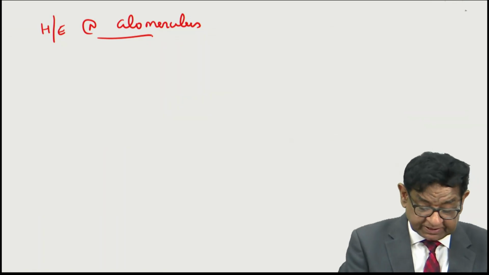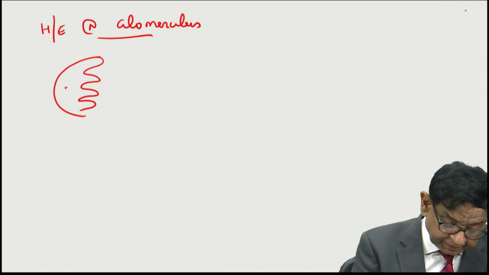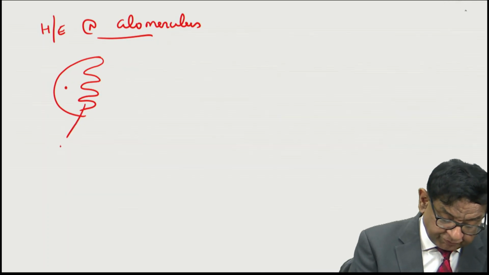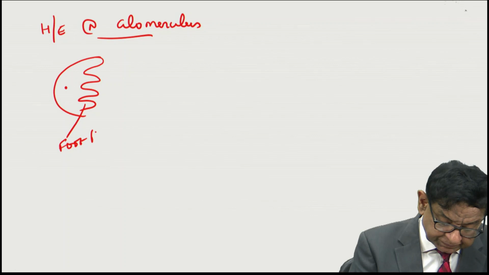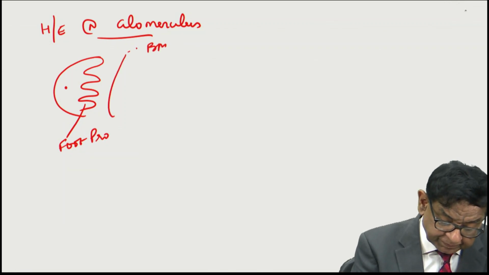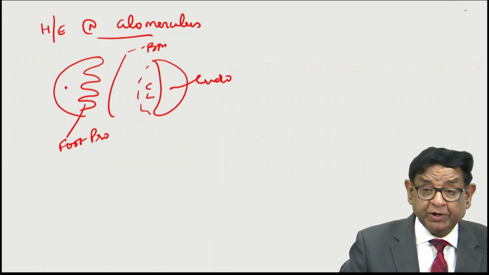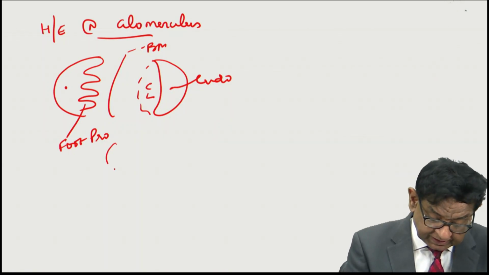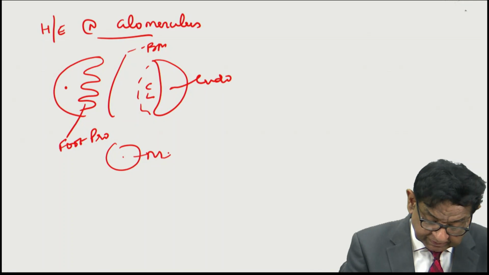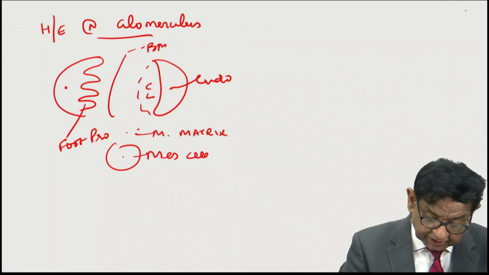Well, the answer is like this. This is the epithelial cell. This is the foot process. This is the basement membrane. This is the capillary endothelium, the capillary lumen where the blood flows, and this is the mesangial cell and mesangial matrix. Okay.